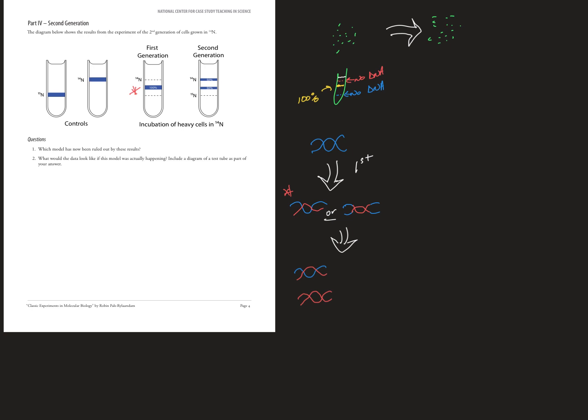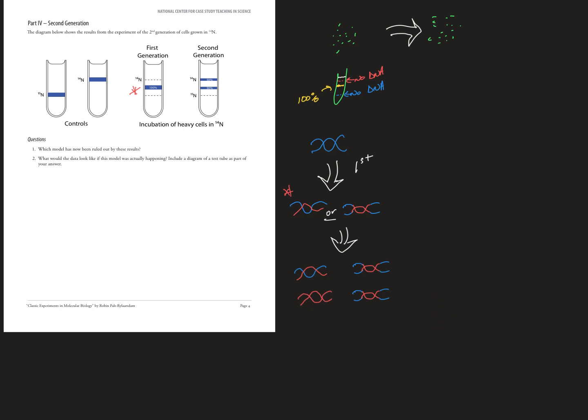If it was truly dispersive, then what you'd expect is that we would get two strands with the same density.